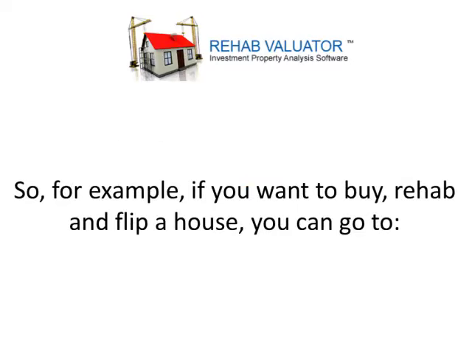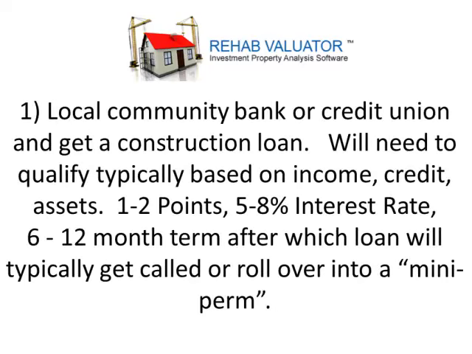So, for example, if you want to buy, rehab, and flip a house, here are your options. Other than obviously doing it with cash, here are your 3 most common options. One, you can go to a local community bank or credit union and you can get a construction loan. You will need, again, to qualify typically based on income, credit, assets, etc. You'll pay 1 to 2 points, and these days I'm seeing interest rates of 5 to 8%.